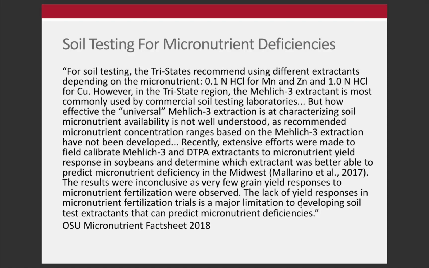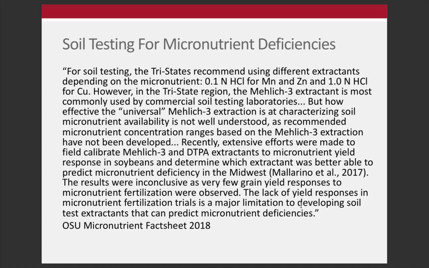We've tried to evaluate this, and we've tried to calibrate Mehlich-3 with DTPA, for example, but it's very difficult. One of the primary reasons we have a hard time understanding what this means is that yield responses are rare.